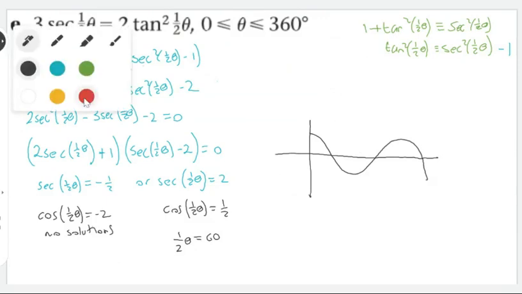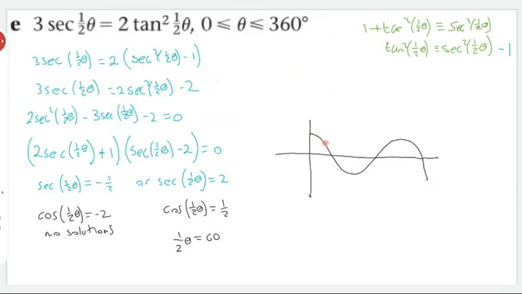So we've got 60, which is about here. So the other value is going to be here. This point here is going to be 90. This is going to be 270. So if this is 60, then by symmetry, this is going to be 300 because the gap here is 30. So the gap here is also going to be 30. So it means that a half theta would also be 300.